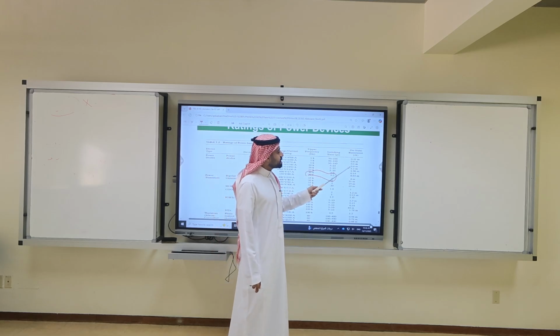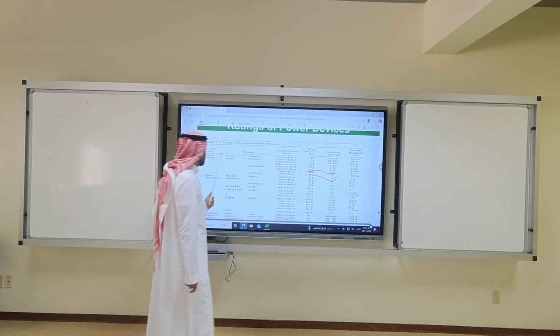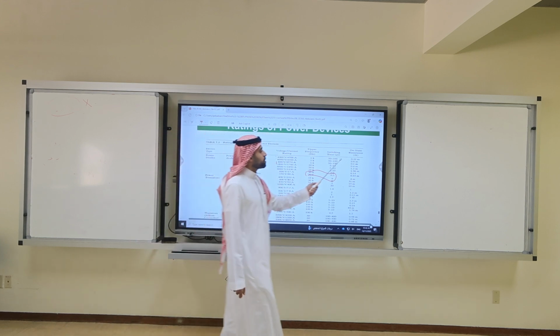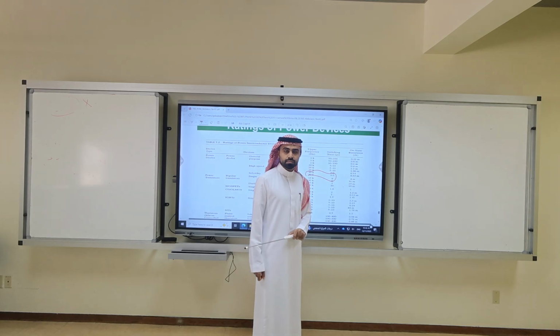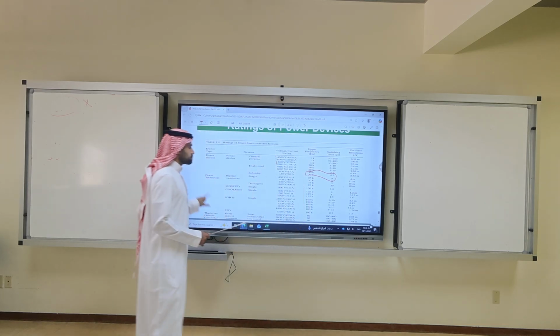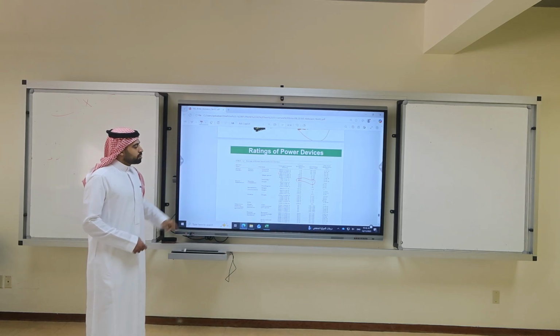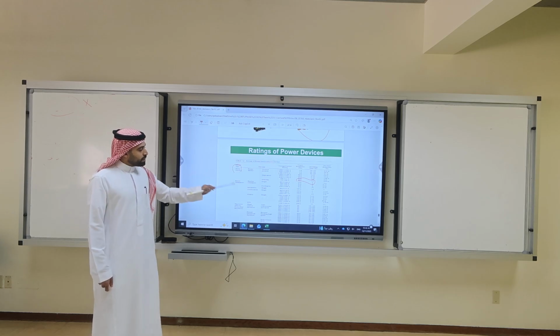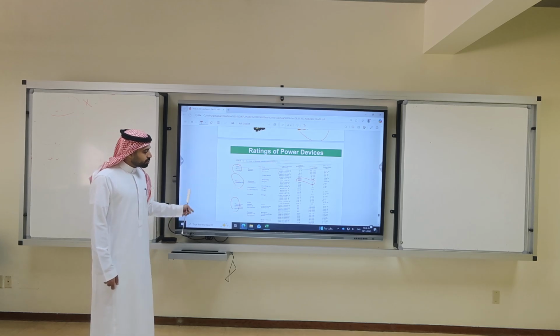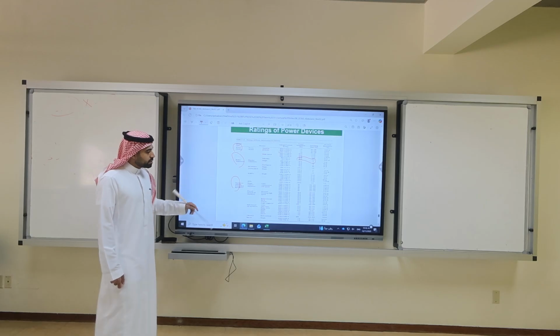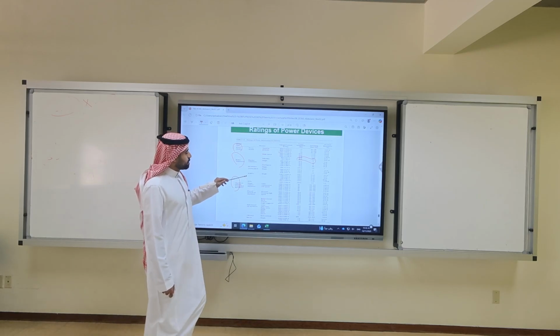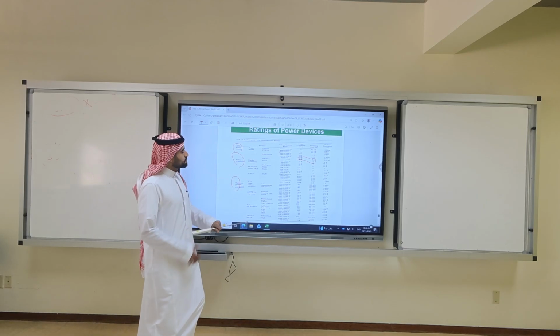In on-state resistance, you can replace it with 0.32 milliohm. We have a power diode, a power transistor, a thyristor or silicon control rectifier. These are the devices.